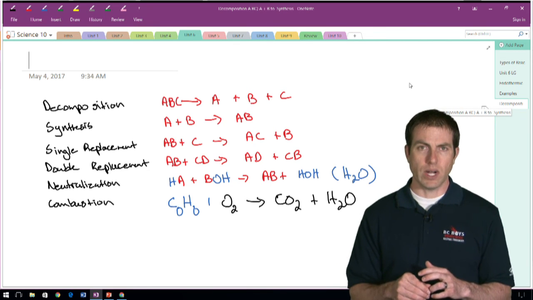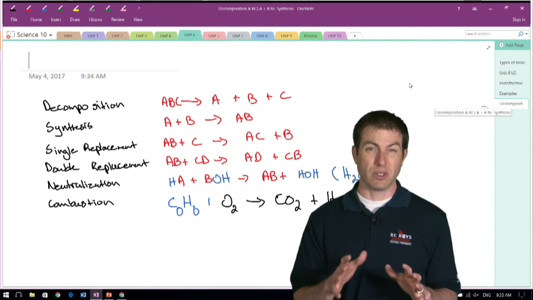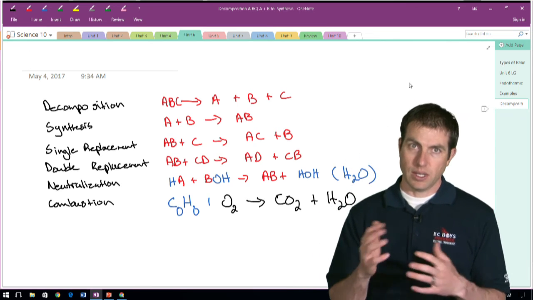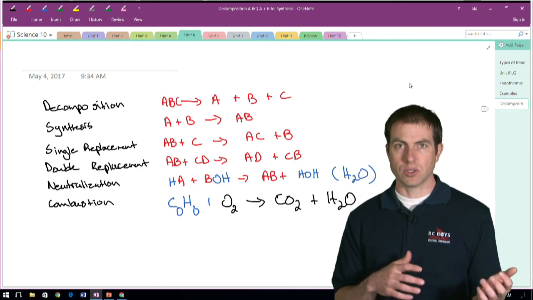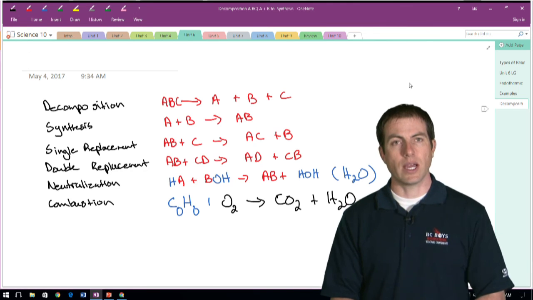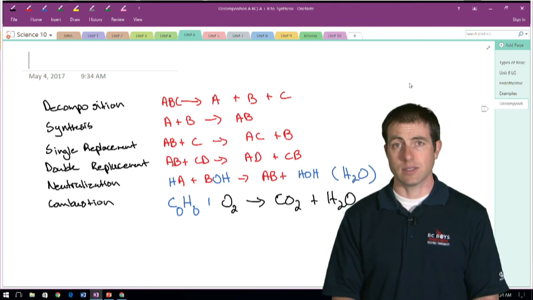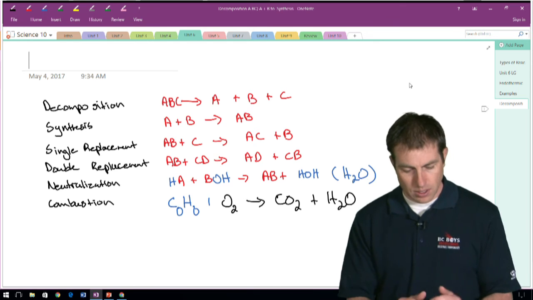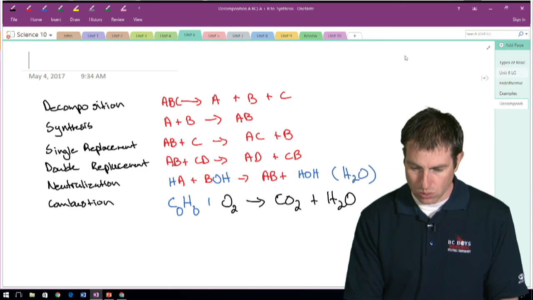Once you wrap your head around what specifically is going on in terms of elements, compounds, what you're starting with, what you're ending with, you can place the reaction into one of these 6, and that's what we need to do.